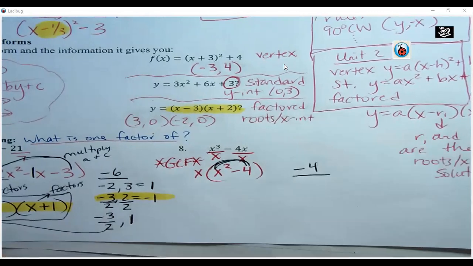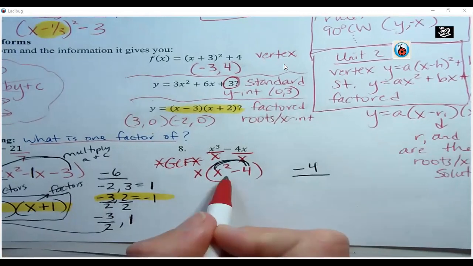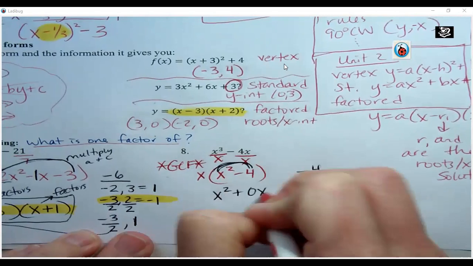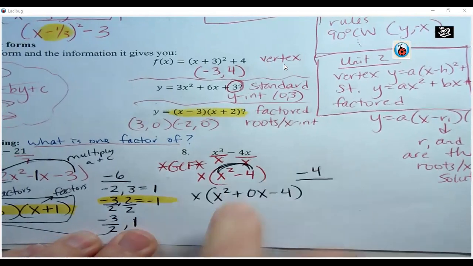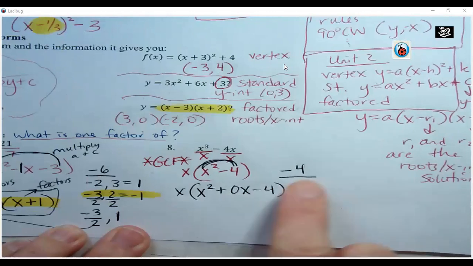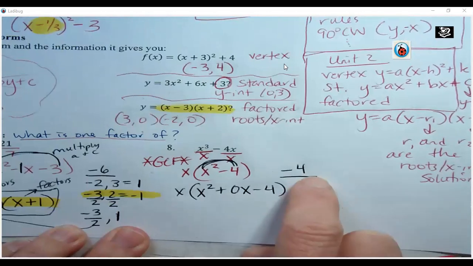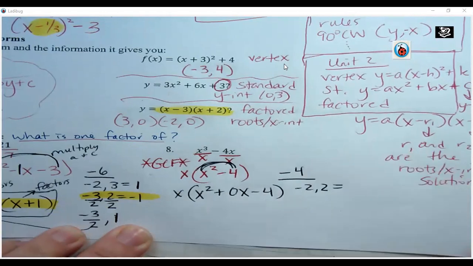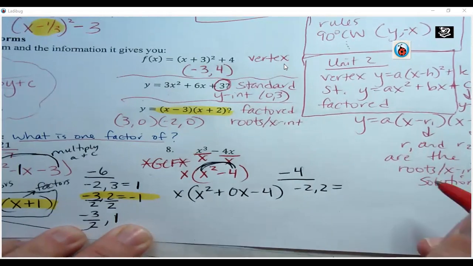And notice that there's no bx term. There's no x term, so there's nothing in the middle, so you can put a 0 here. What are things that multiply to give you negative 4? -2 and 2. Good. What does that add to give you? 0.